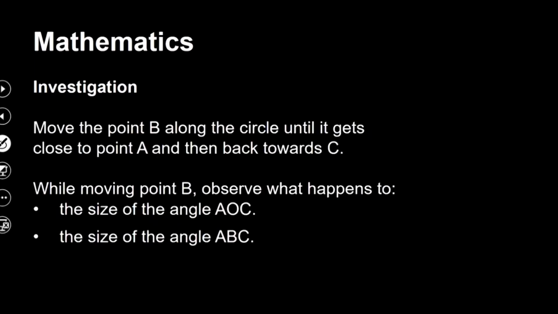You will then move the point B along the circle until it gets closer to point A, and then back towards C, right? While moving this, I want you to pay attention to AOC and ABC.